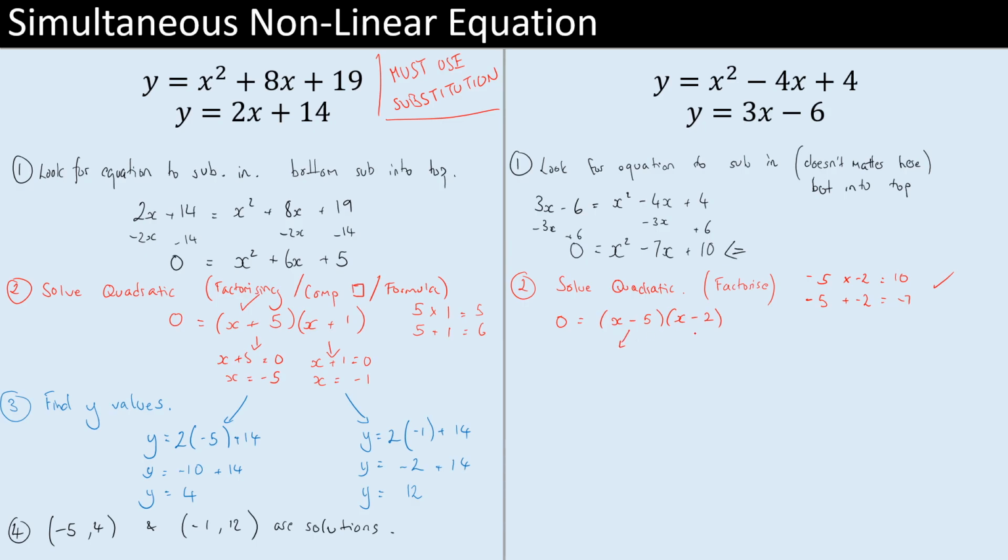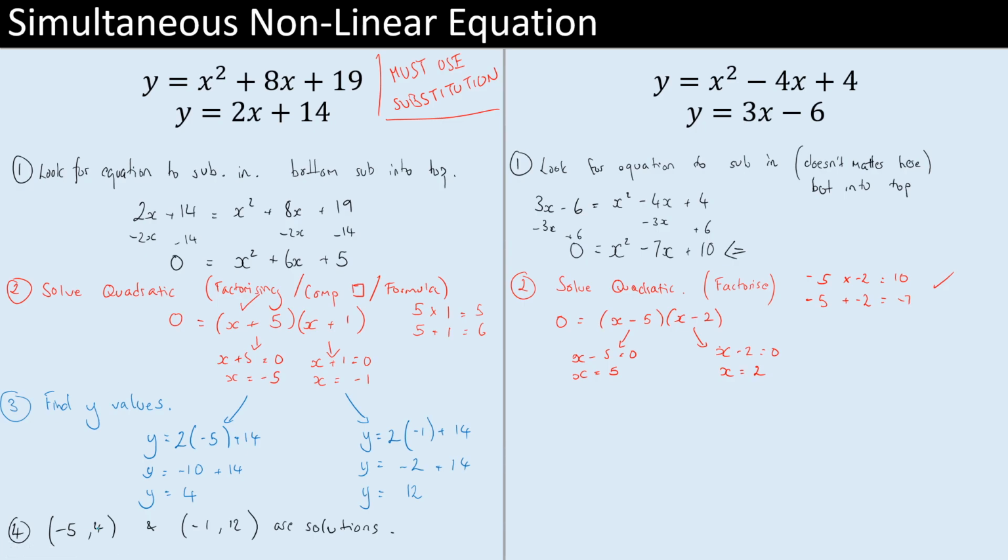We say, what if each bracket equals 0? We can only do that if it says 0 here. So x take away 5: if that is equal to 0, that means x is equal to 5. And if x take away 2 is equal to 0, that means that x must be equal to 2.